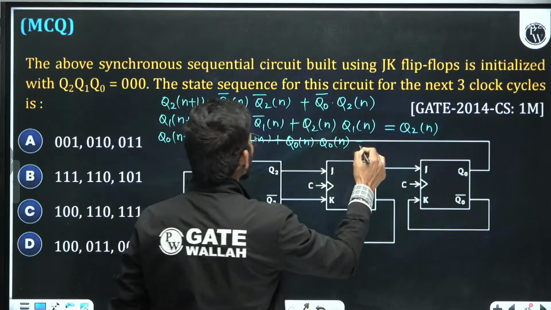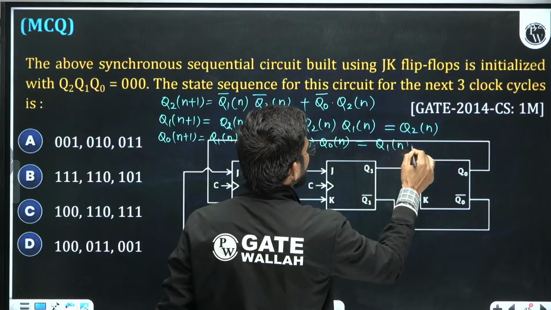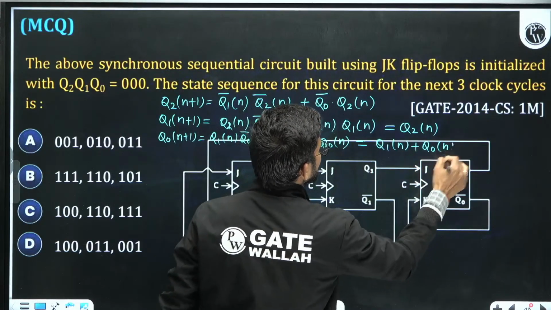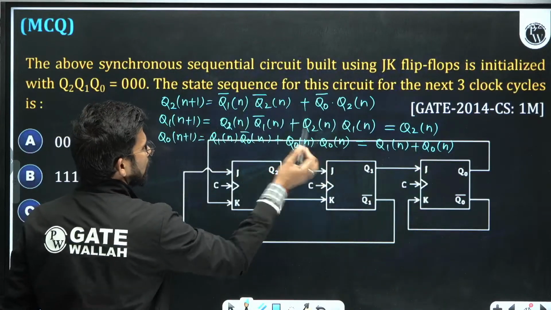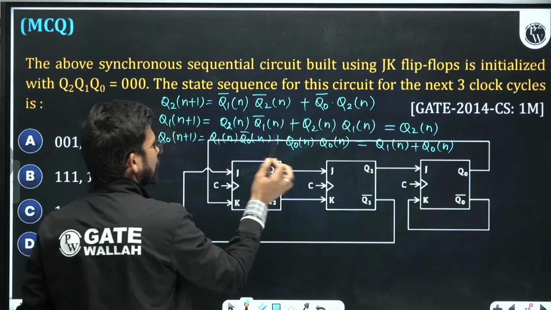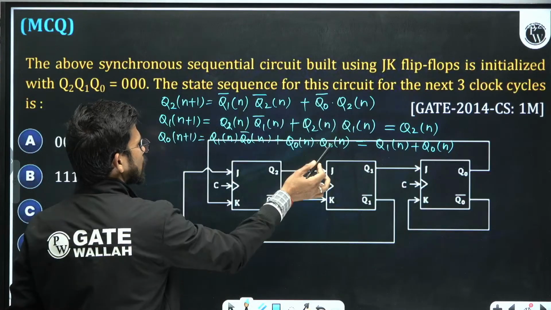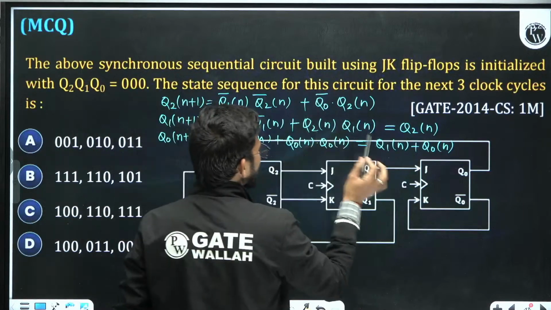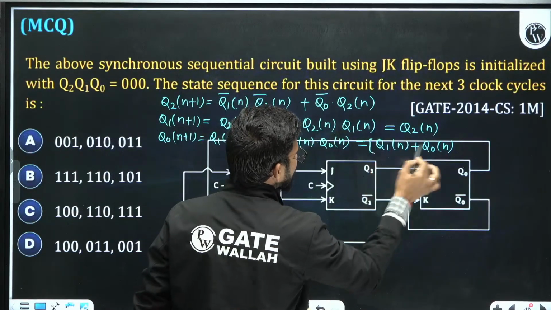Now I can use the distribution theorem here: Q1n plus Q0n, because this is Q0n into Q0n. If I distribute, Q0 plus Q0 bar n is 1, and then I'll remain with Q1n plus Q0n.